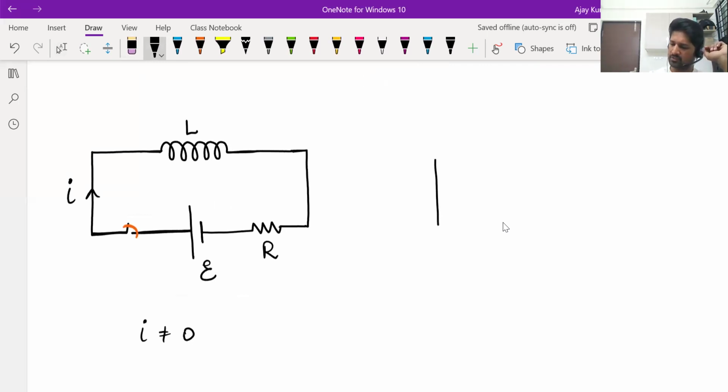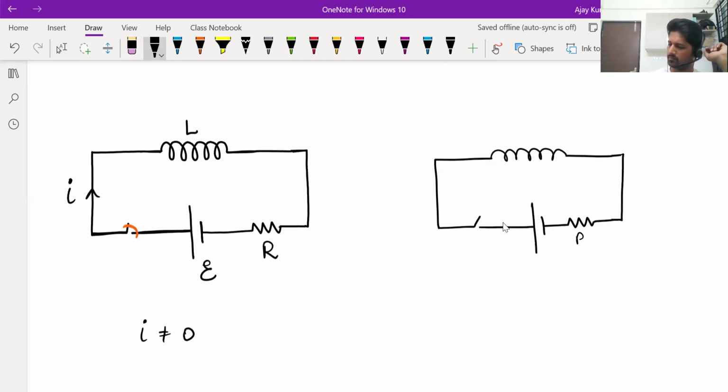If you open the switch now, suddenly, tell me what happens to the current when you open the switch. It tends to become zero, right? You are not giving a path for the current to flow. Current tends to become zero when you open the switch. So from non-zero, it tends to become zero, means current is decreasing.